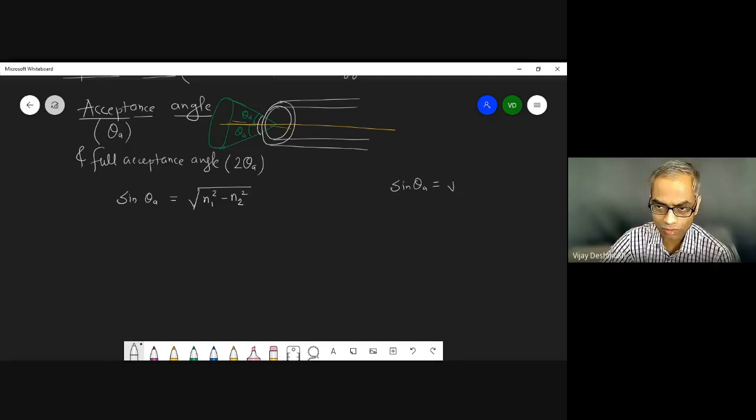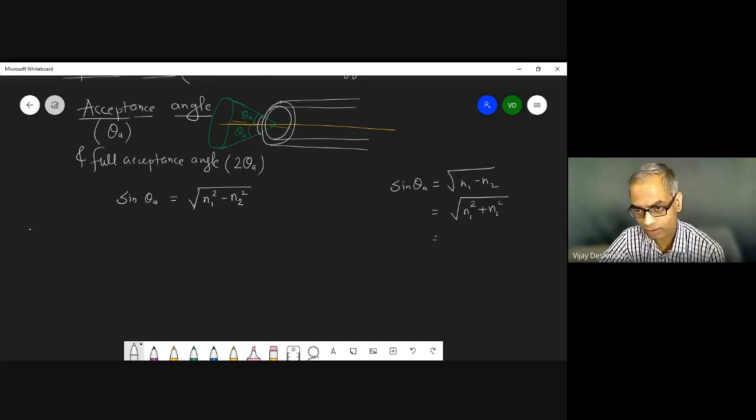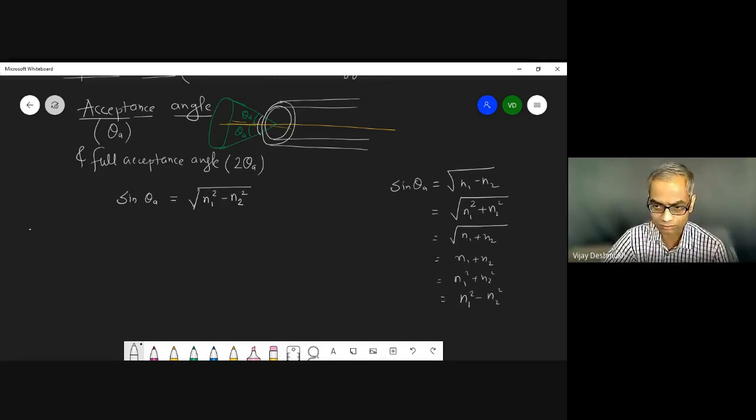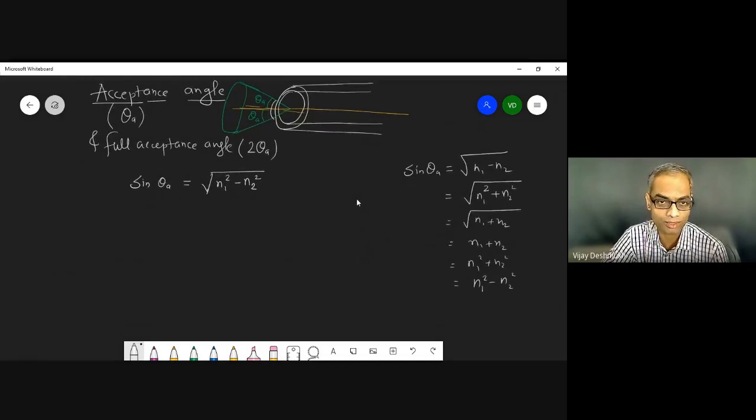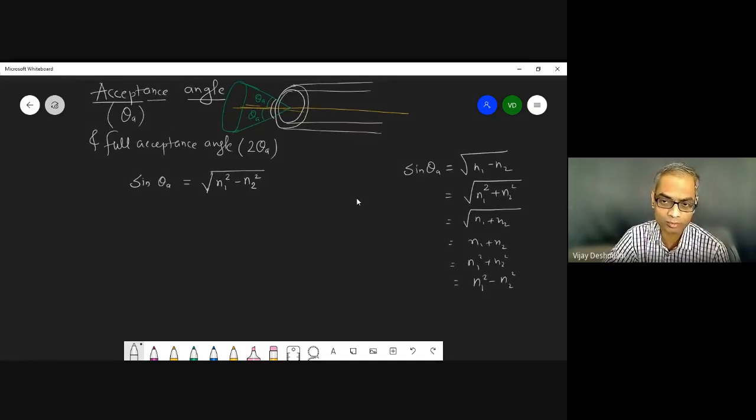Sometimes they write n1 minus n2, sometimes n1 square plus n2 square, sometimes n1 plus n2, or n1 square minus n2 square. I'm telling you again and again that this formula is very simple to remember, and therefore very easy to forget. Therefore, you should practice more and more numericals for this formula.